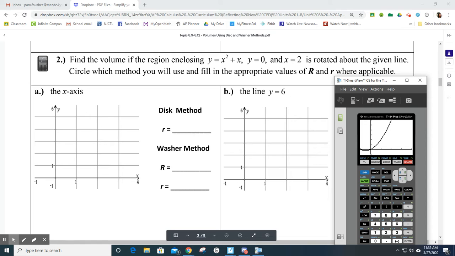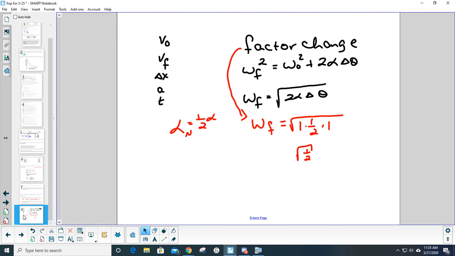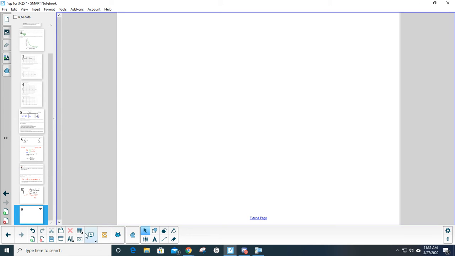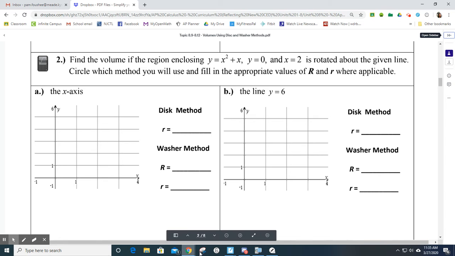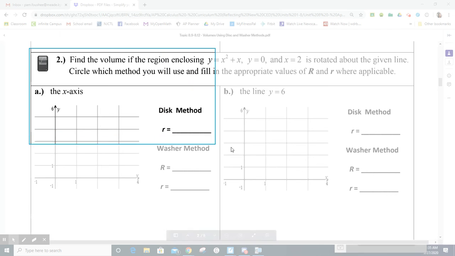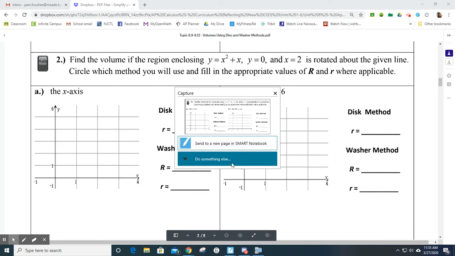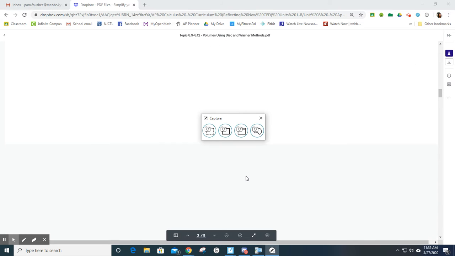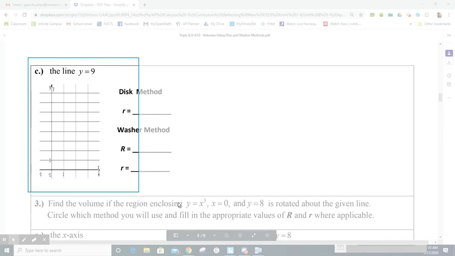Oh, I can't take a picture over here. Hold on. Let me pop over here to a notebook and do it there, so that way I can draw on it. Okay, so we're going to look at this one. Let me take a picture of it too. Let's send it to the current page. It's just A, B, and C. Okay, cool.